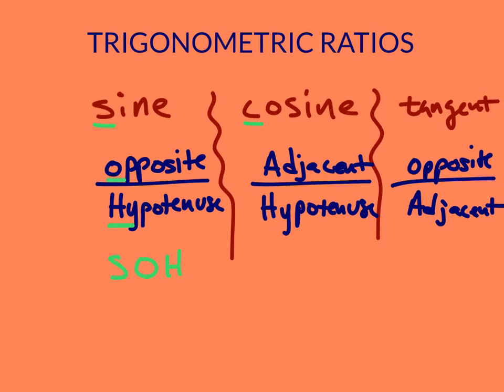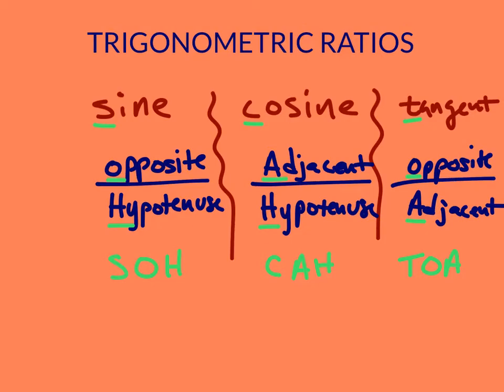Cosine means I'm taking C, A, and H, that's adjacent over hypotenuse, and I write CA. And then tangent means I'm taking the opposite side over adjacent, so the word that I get here is TOA. So I have this phrase, SOH CAH TOA, that will help you remember what each of these mean, okay?